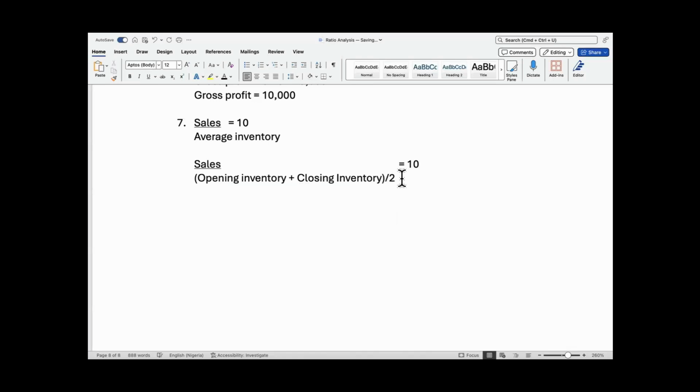What would that become? For simplicity for you, this divided by 2, ordinarily it should become sales multiplied by 2 divided by that, but let's make it a little easier.